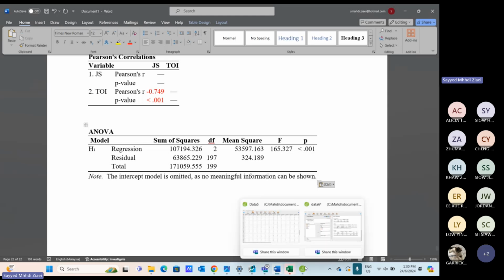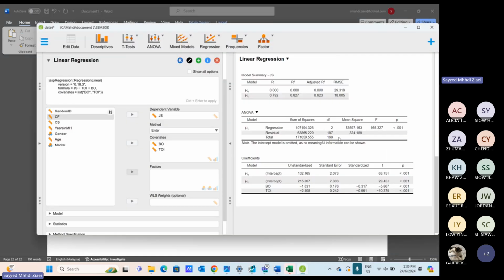For ANOVA, we got a significant relationship, which means the overall relationship between the dependent and independent variables is significant. The F value is 165 and the p-value is less than 5%. So the overall relationship between IV and DV is significant. That is the F test.